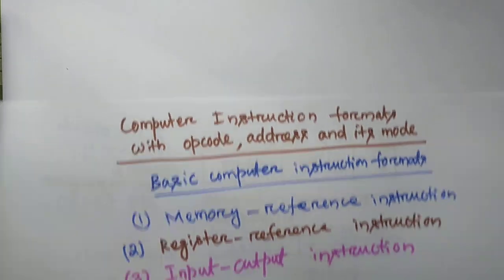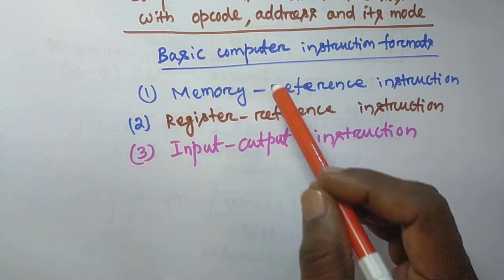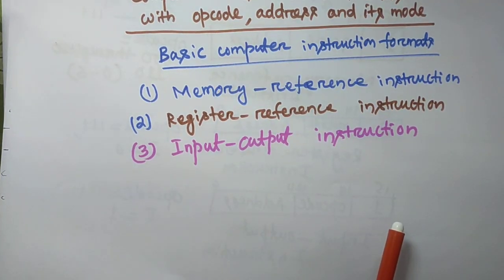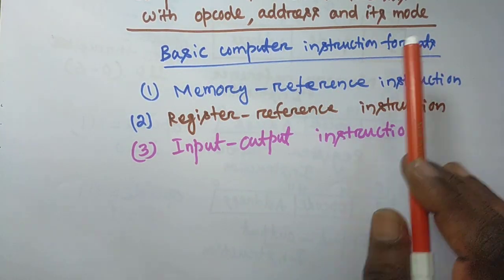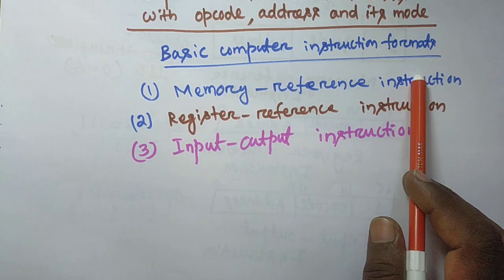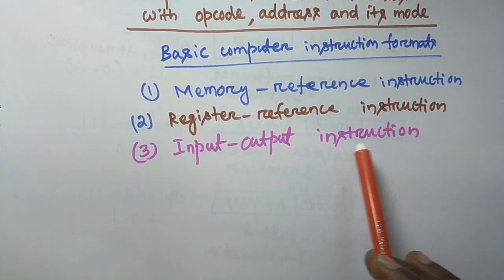We have already discussed this part from the very beginning: computer instruction formats with the opcode, address and its mode. For this topic, we construct three basic computer instruction formats, that is, memory reference instruction, register reference instruction and input output instruction.